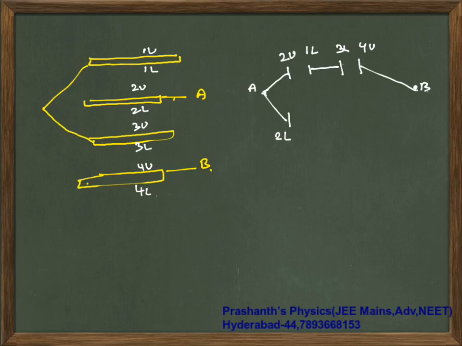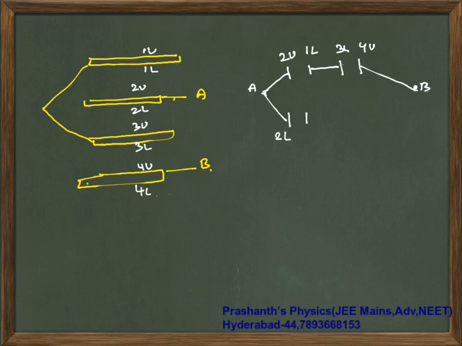So you will get like this. Once again, 2 upper will form a capacitor with 1 lower. 1 lower is connected to 3 lower because they are connected to the same wire, so 1 lower and 3 lower are at the same potential. 3 lower will form a capacitor with B. So that is why you are marking it as B.